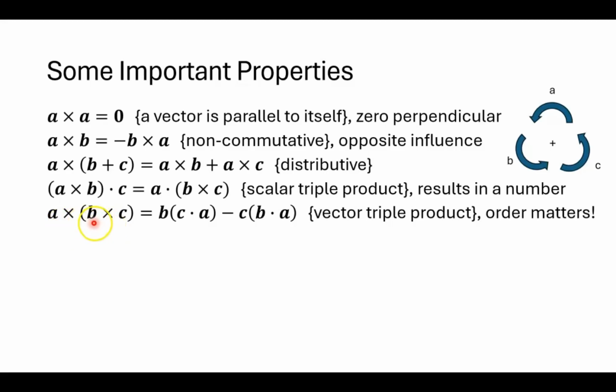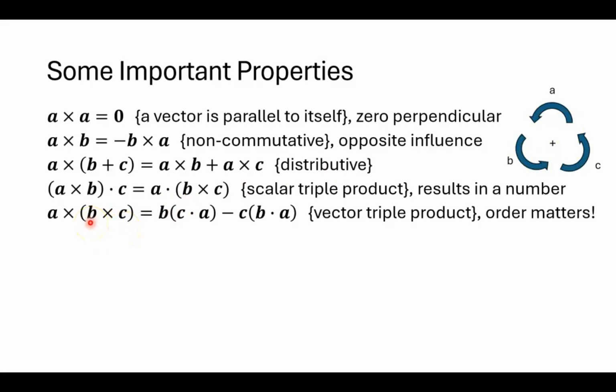So it tells you if you have b cross c and then cross it with a, this will be equal to b times c dot a minus c times b dot a. How to remember that? Is by the cyclic way. Similarly, you write a circle here and then you label it in the anti-clockwise direction. That's the positive one. And then you look at which vector is being crossed first.